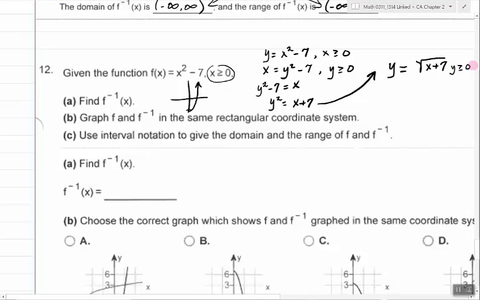So I don't keep the negative. So this is f inverse of x. It's the square root of x plus 7, and it does have a restriction. But I don't write the restriction here. It is the square root of x plus 7.